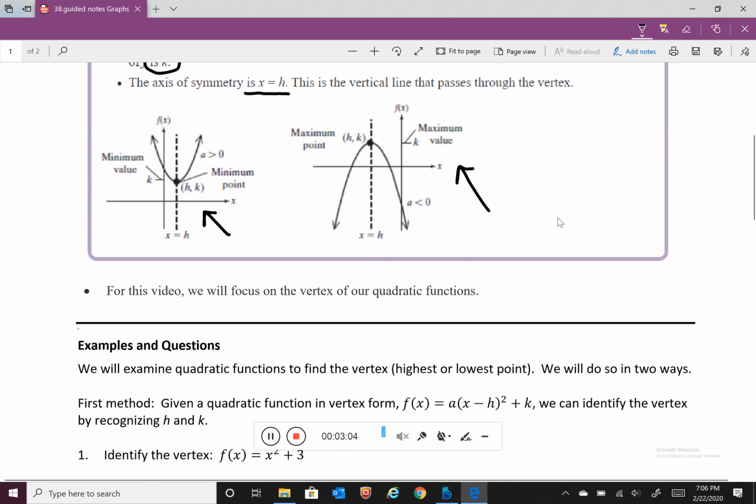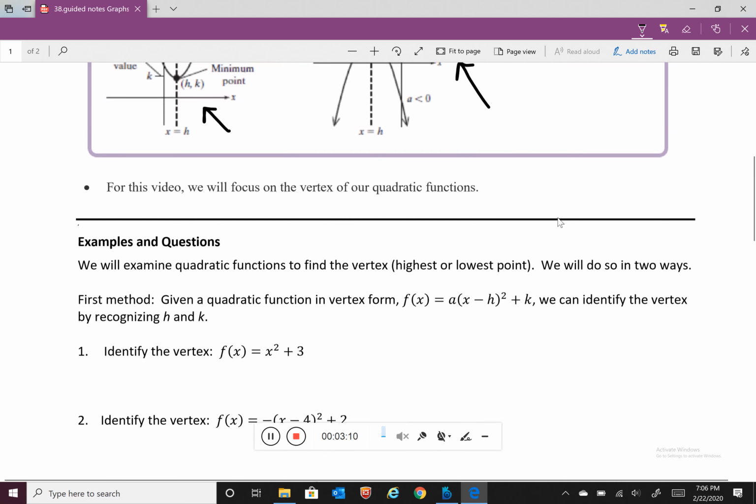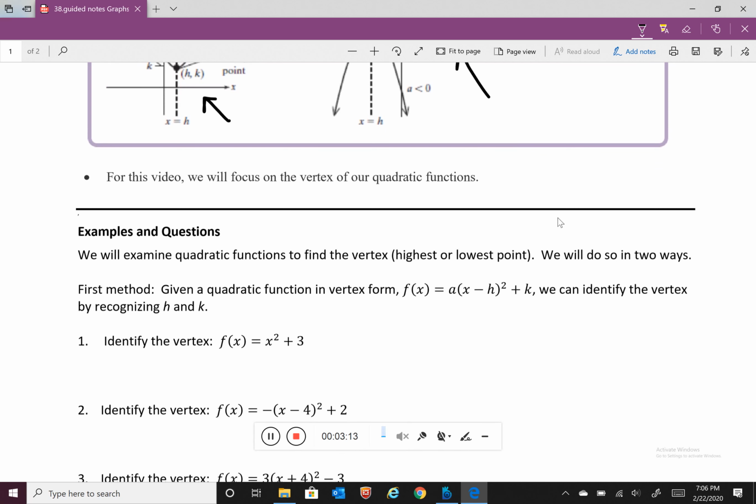For this video, we're going to focus on the vertex of our quadratic functions. So we're going to examine quadratic functions to find the vertex, which is, again, either the highest point if it opens downward, or the lowest point if it opens upward. And we're going to do so in two ways, and we're going to split this across two videos.